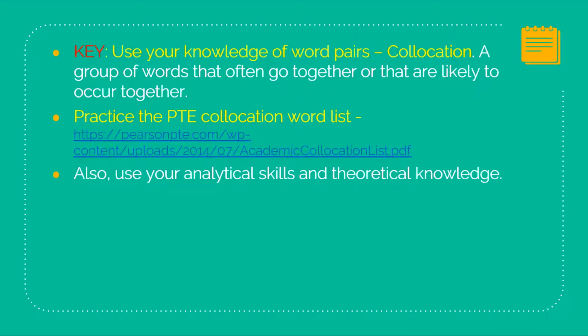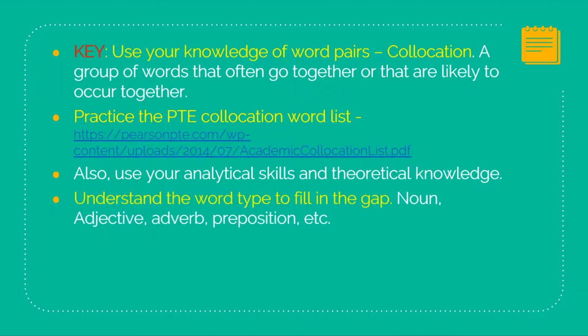Tip 2. Build your grammatical skills. Cracking this task becomes very easy if you have good knowledge of grammar. Use your grammatical knowledge to quickly guess which word type, whether it's a noun, adjective, verb, or adverb, will fit in those blanks.